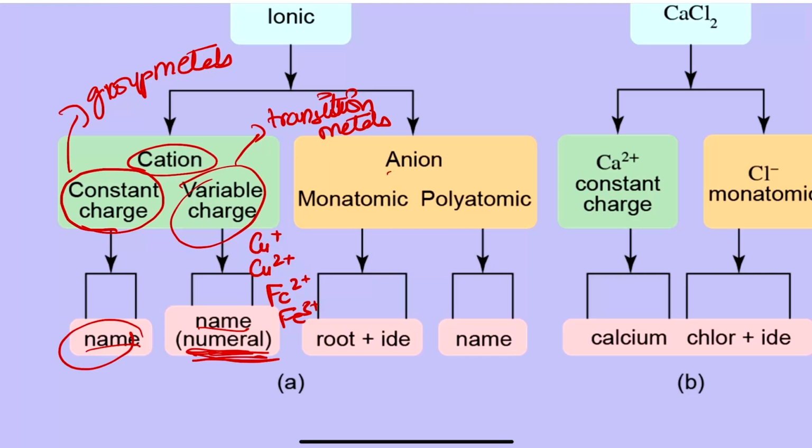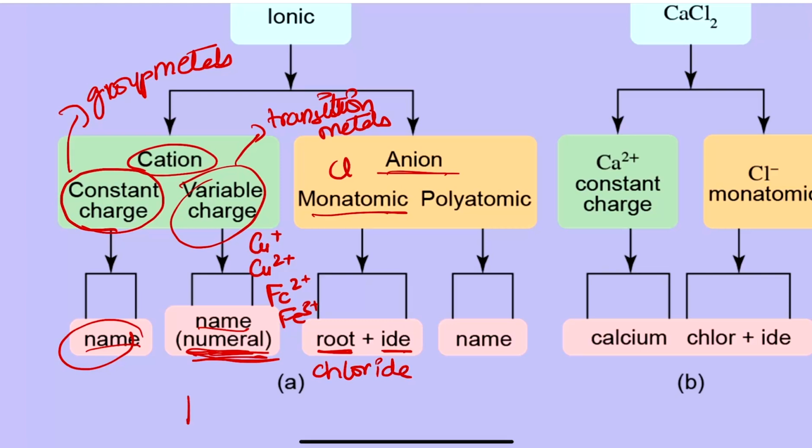Now the anion part of it, if it's monoatomic, that means if it's like chlorine or bromine, a single atom, then it's the root. So if it's chlorine, for example, it will be chlor, and then you add -ide, so it will make chloride.